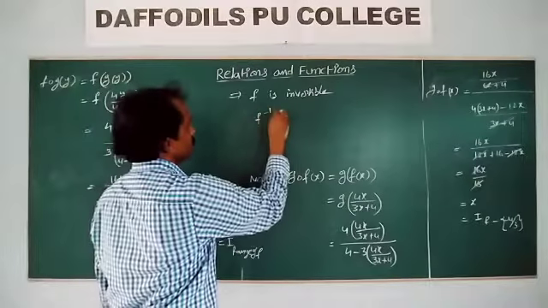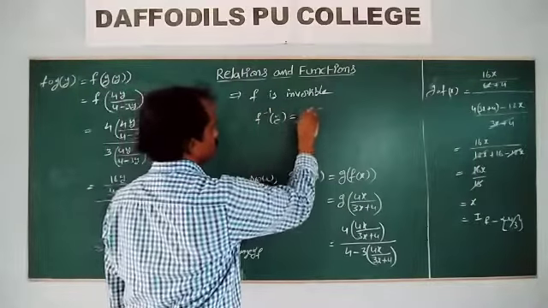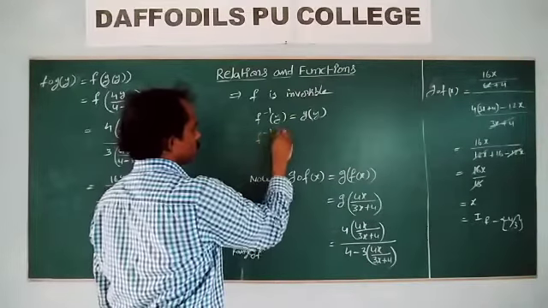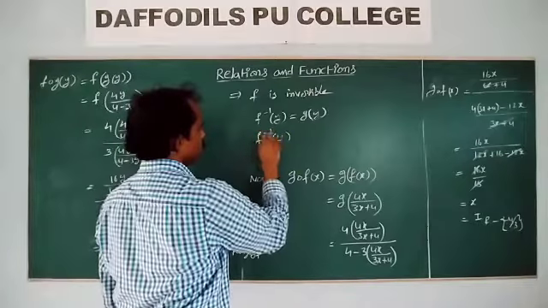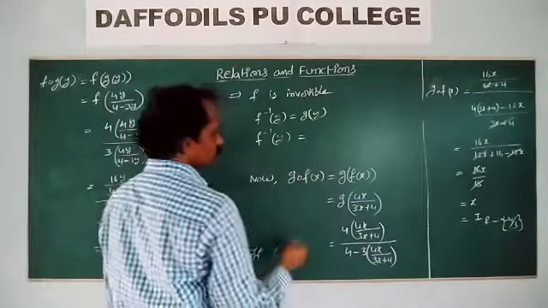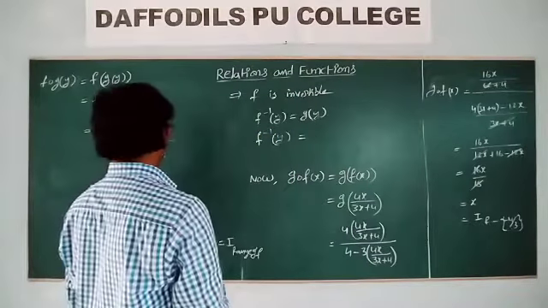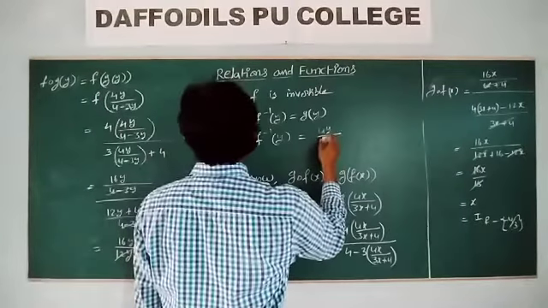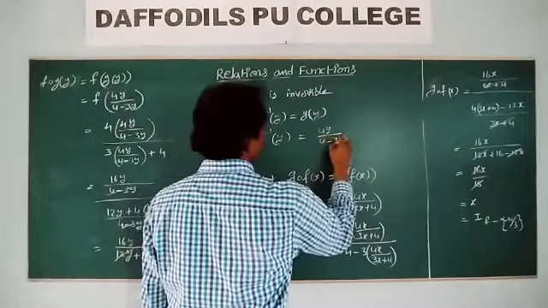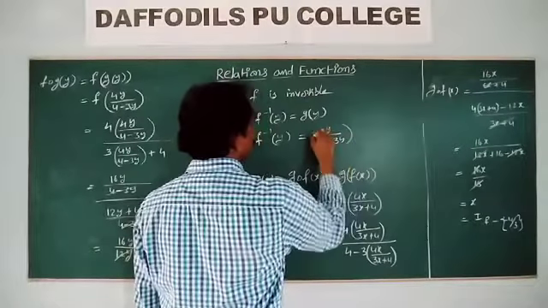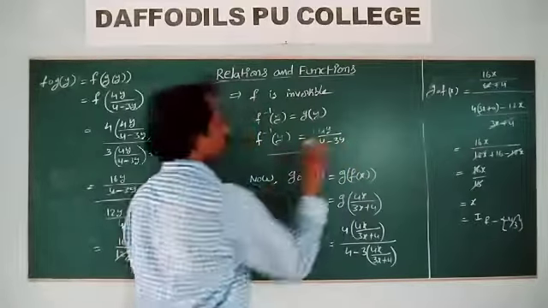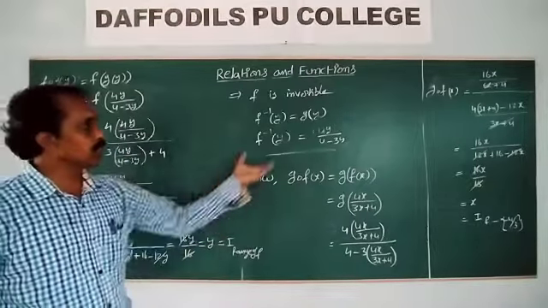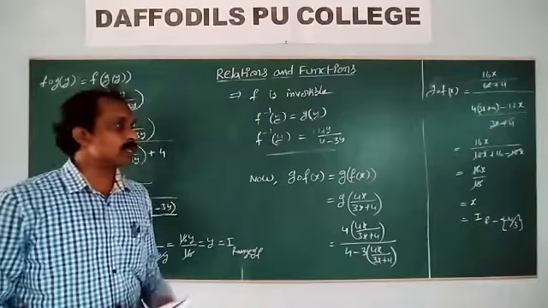What is f inverse? f inverse of y is equal to g of y, which is 4y by 4 minus 3y. Okay, this is the answer: the second option, 4y by 4 minus 3y. So in a 5 marks question, give the problem like this.